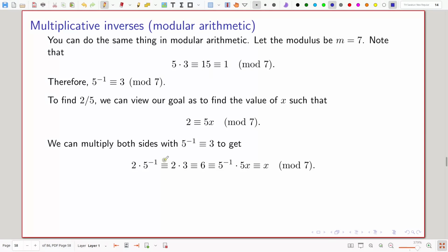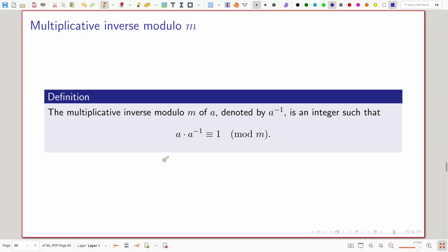So multiplying with the multiplicative inverse of 5, which is 3, you get 6. And on the right hand side, the multiplicative inverse of 5 times 5 is 1, right? So you get x. So you know that x is 6. Okay? But how are we going to be able to find the multiplicative inverse? We come back to that probably next time. But this is the definition.